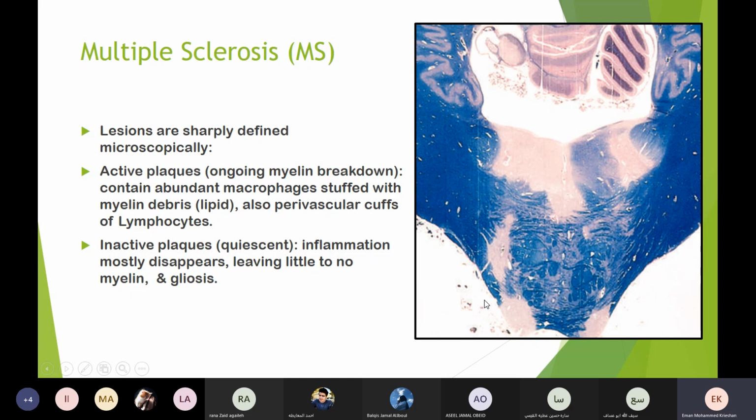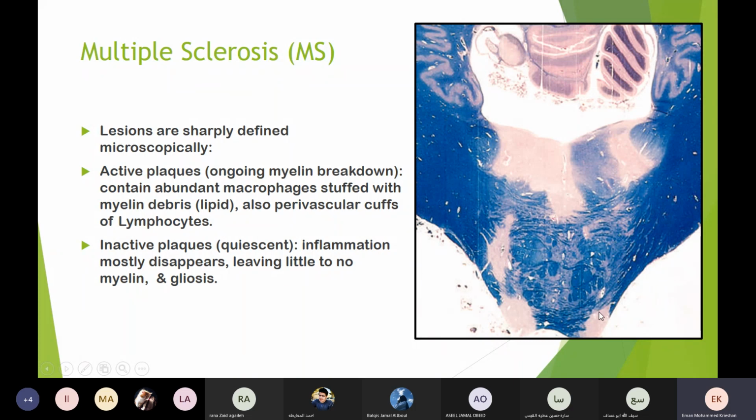This is an H&E, hematoxylin and eosin, section of a patient with multiple sclerosis. Look at the plaques, large plaques. This is one, and this is one. So there are sharply defined plaques microscopically. In the active plaques, there is ongoing breakdown containing abundant macrophages stuffed with myelin debris.